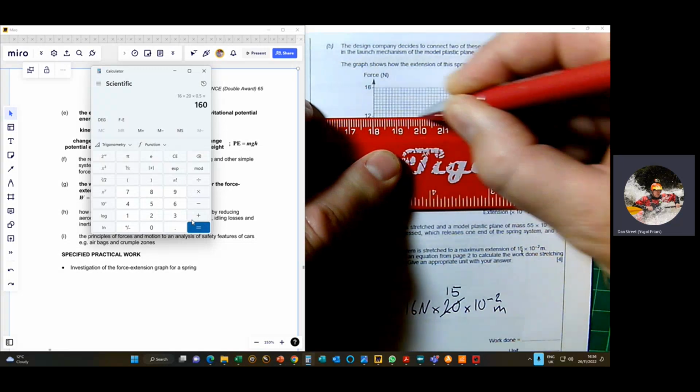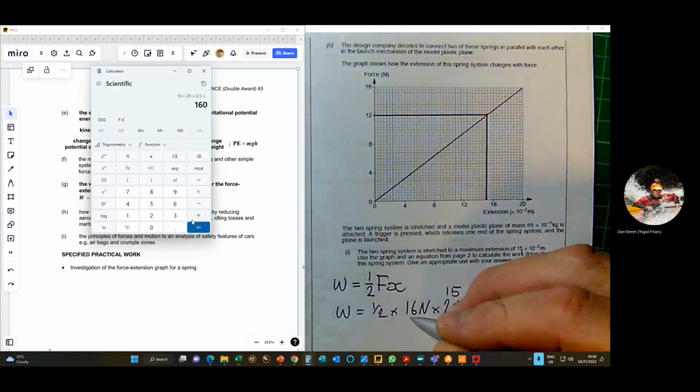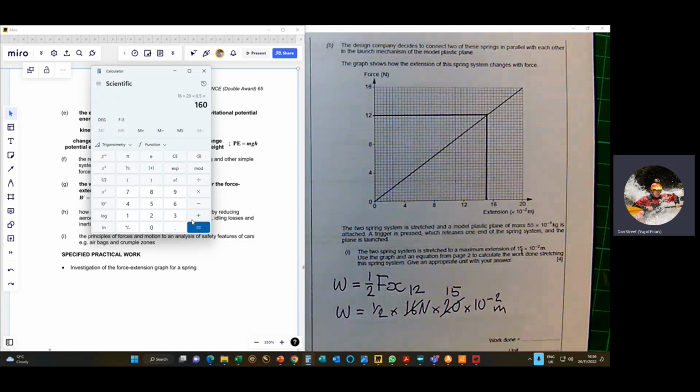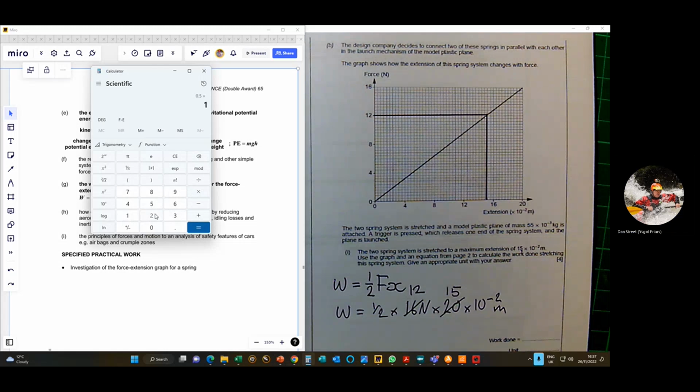Okay, so we need the force. The force is 12. We need to replace that with a 12. Okay, so we do that calculation again. So let's cancel that. So 0.5, which is a half, times 12 times 15. But it's not 15, it's 15 times 10 to the minus 2.